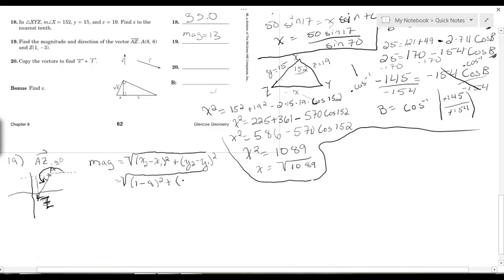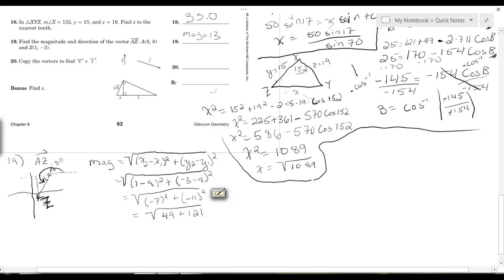My y2 value is negative 3, and my y1 value is also 8. So then I get the square root of negative 7 squared plus negative 11 squared. That's going to give me the square root of 49 plus 121.